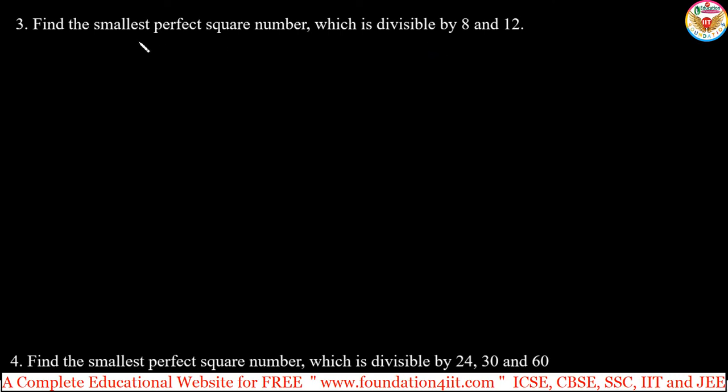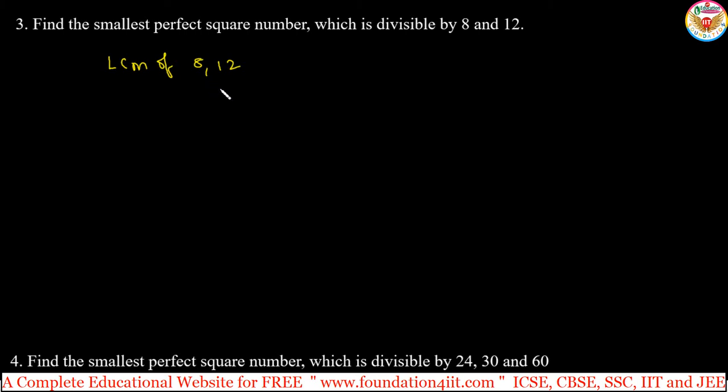That means it should be divisible by the LCM. So first you have to find out the LCM of 8 comma 12, because we need to find the perfect square number. Directly find out the LCM, but that should be a perfect square.